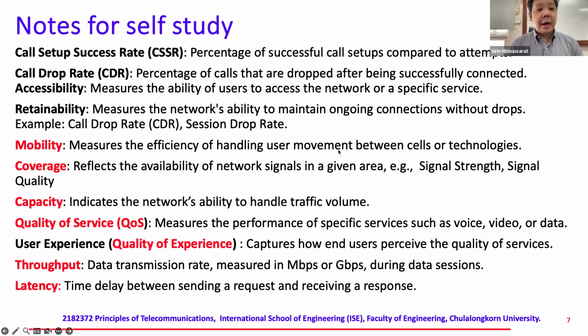in a given area. Capacity is related to traffic volume, right? Quality of service, okay. This notion of figure of merit depends on the application under consideration. For example, if you talk about voice application, you have a certain QoS, quality of service metric.